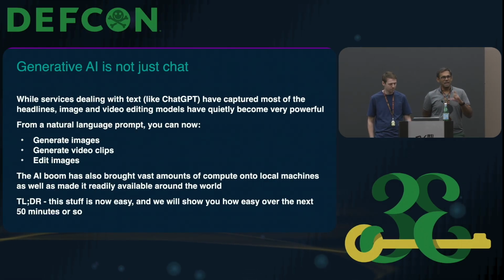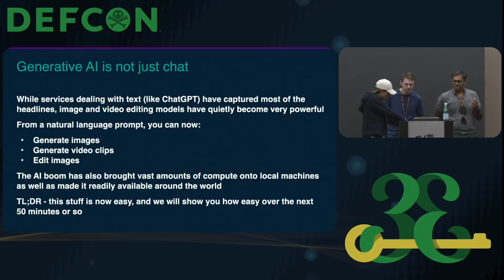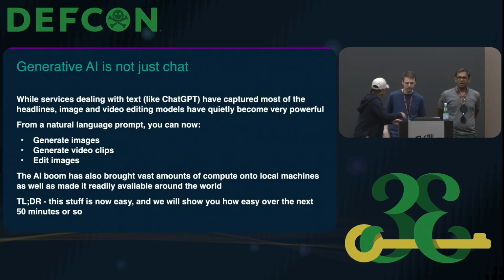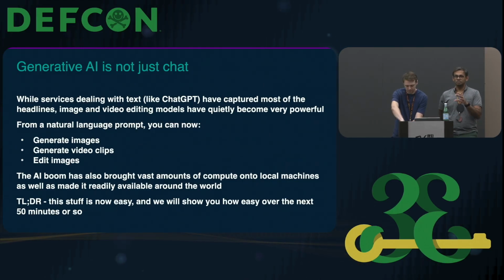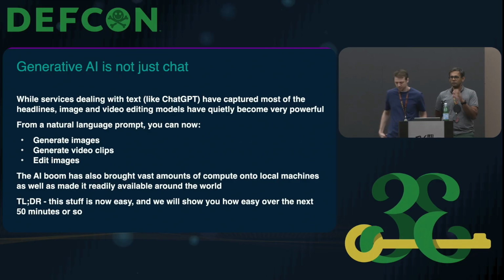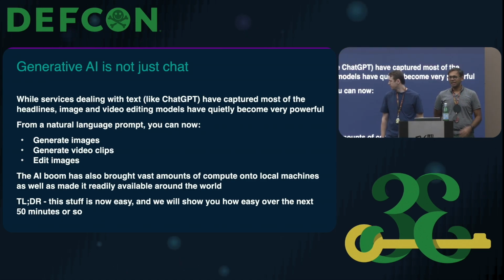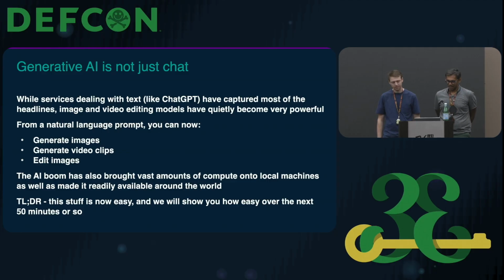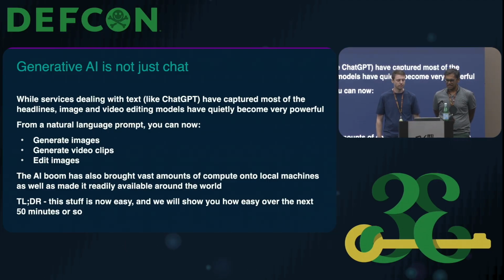The other big thing that I want to call out is that the AI boom is bringing a lot of really powerful compute onto your laptops. It used to be the case that no one boasted about how many teraflops their neural processor had.